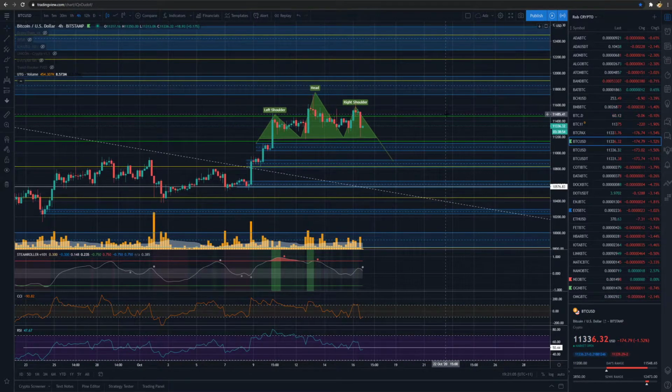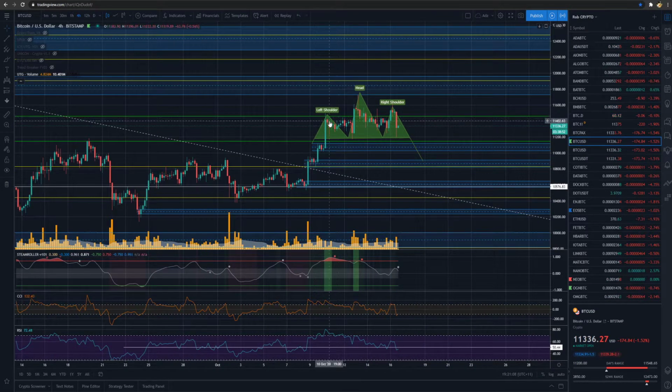Something like this, I can see that happening. That's a clear head and shoulders, left shoulder, head, right shoulder. The only thing is, if we do get to this level of demand, that'll be the neckline pretty much. And pending that demand level, if we do get to that demand level, we could probably expect it to come down further to 10,887.